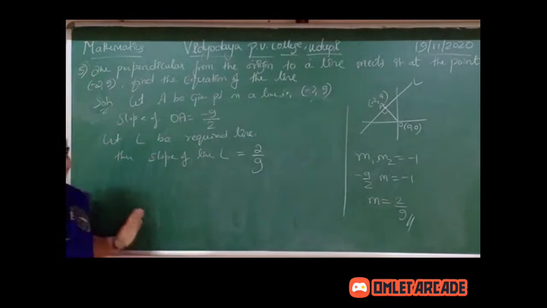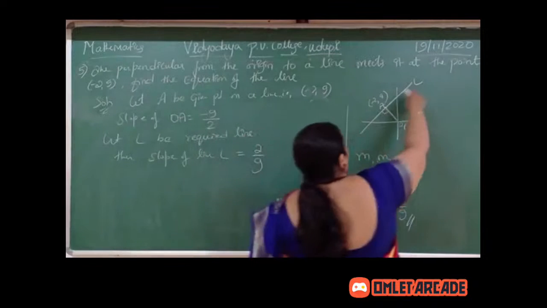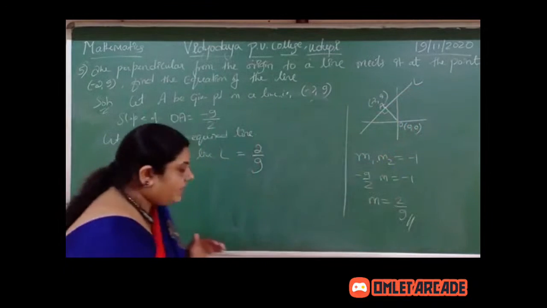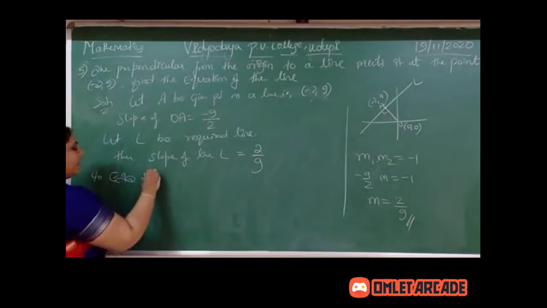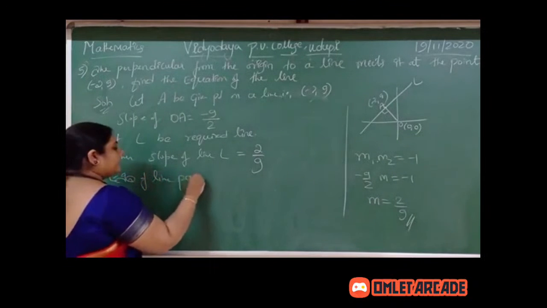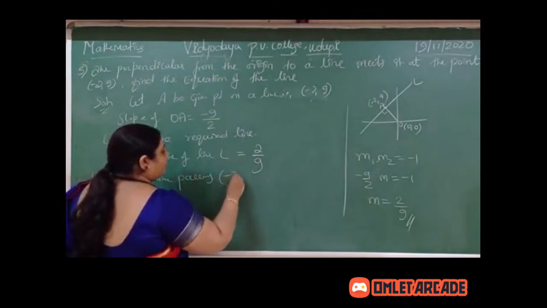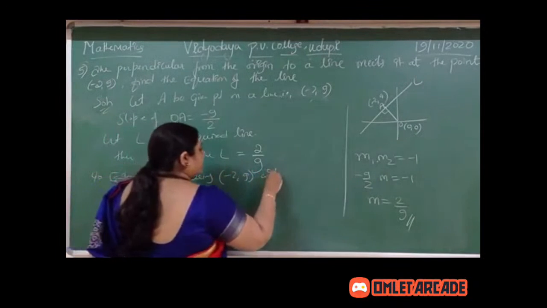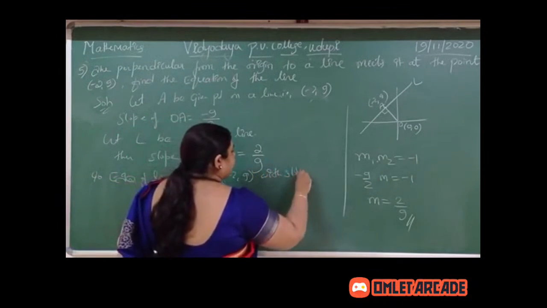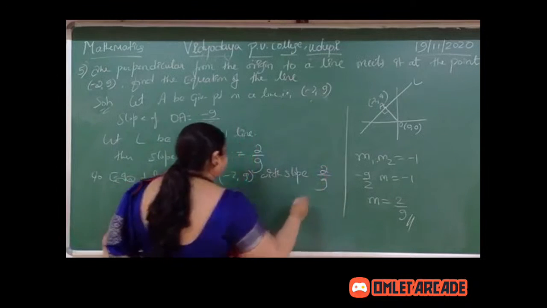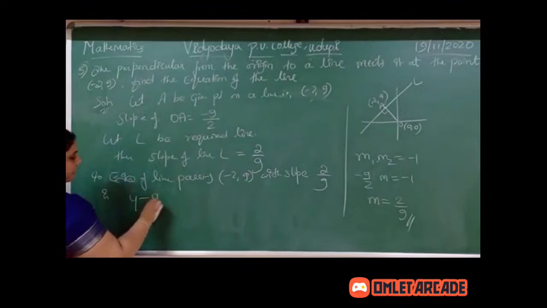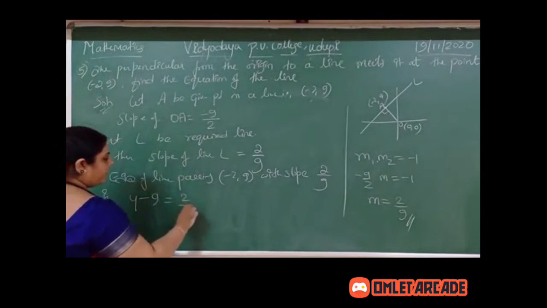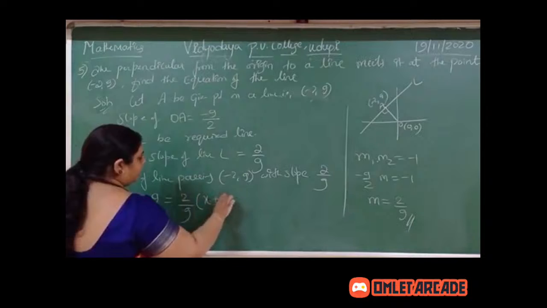So you have the slope of this line, and you have a point. Now you can easily find the equation. So, the equation of the line passing through the point (-2, 9) with slope 2 by 9 is y minus y0, that is y minus 9, equal to 2 by 9 into (x plus 2).